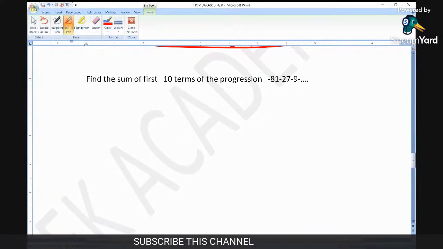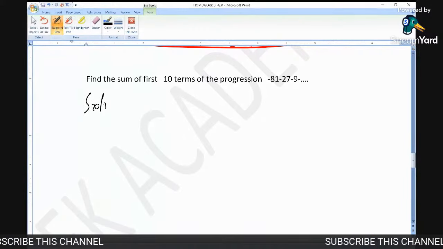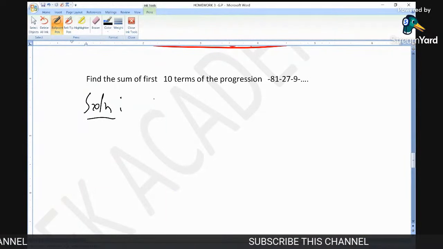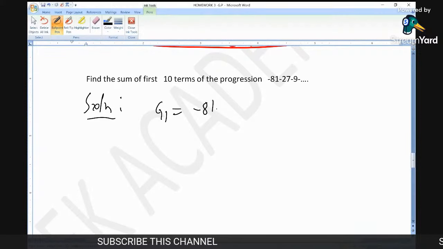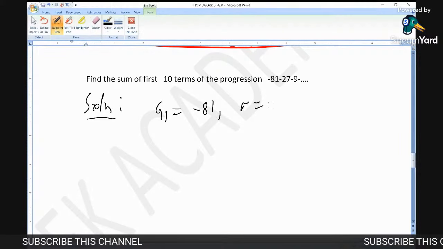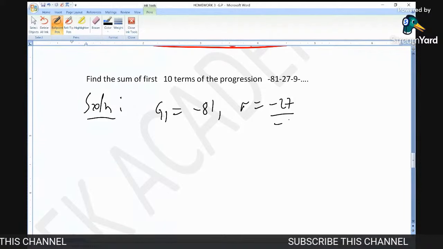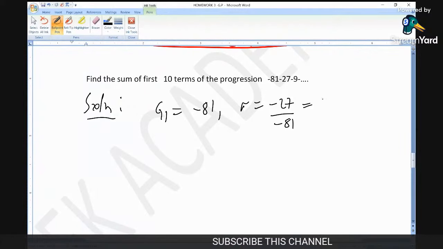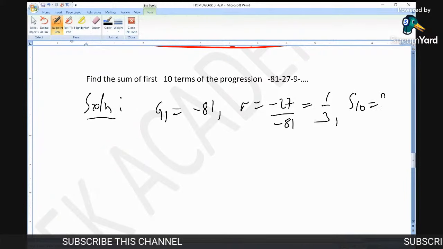You can see that actually it is a geometric series again. So let us say solution. Geometric series whereby we have G1 negative 81 and common ratio negative 27 over negative 81, which is 1 over 3. We're supposed to find the sum of the first 10 terms.